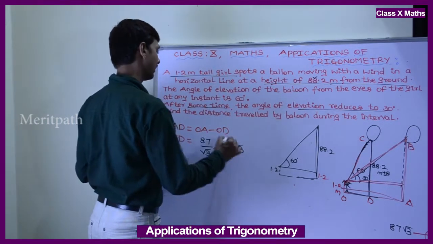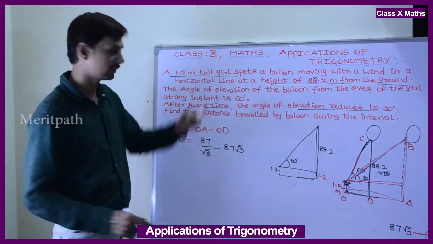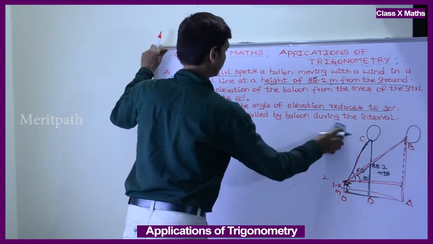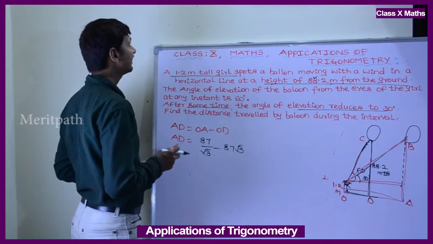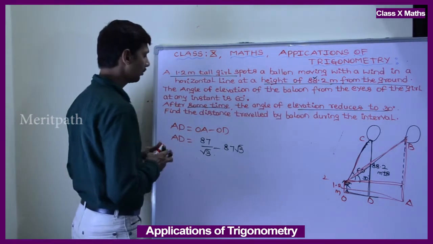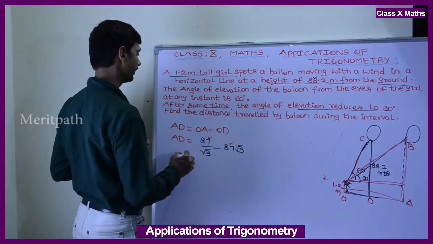First equation we got 87 by root 3. Second equation, 87 root 3. Let us subtract these two values. Before that, we need to take 87 common, because 87 is in both terms.